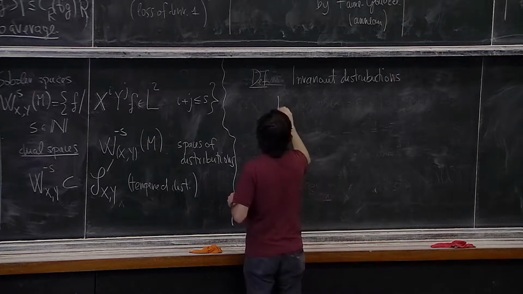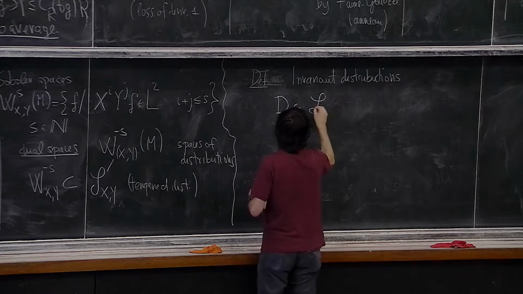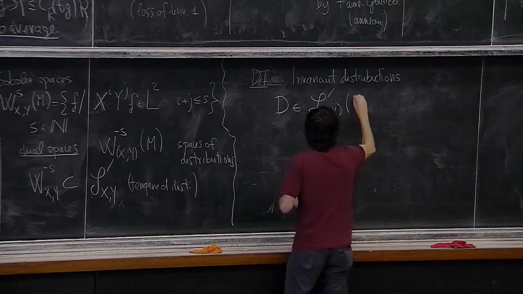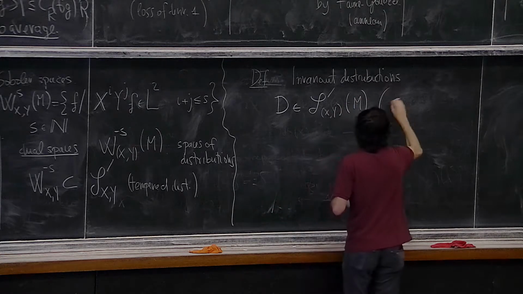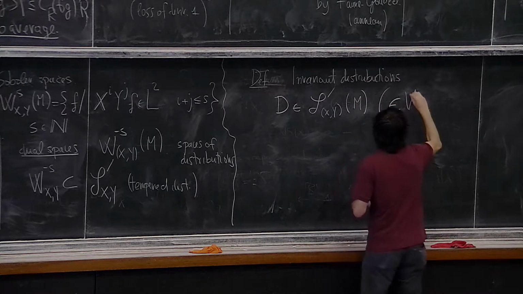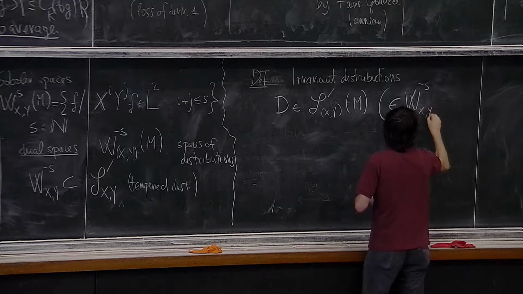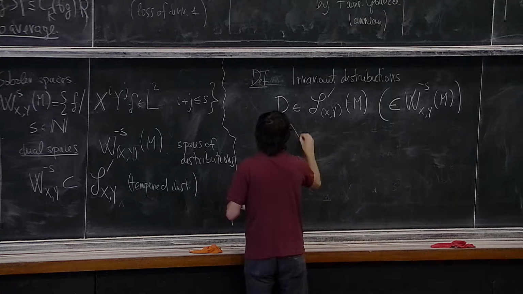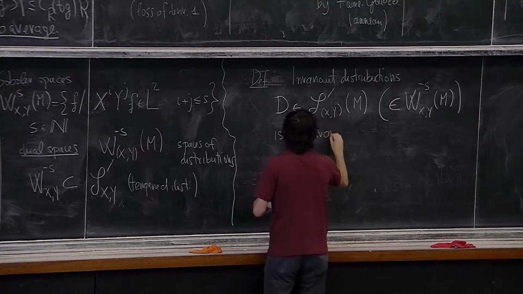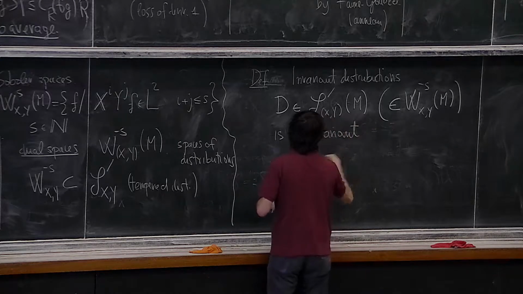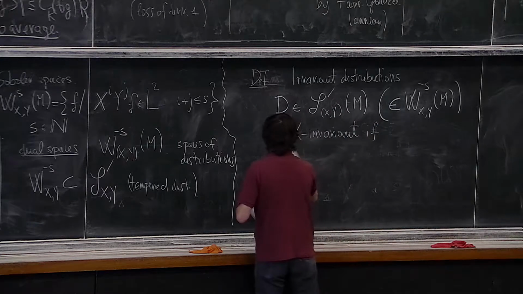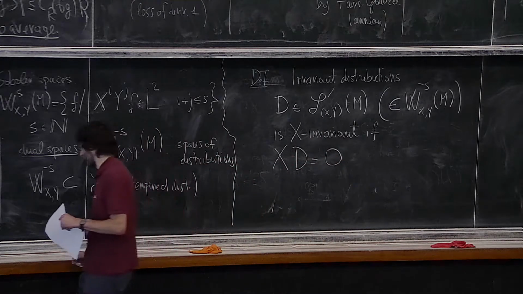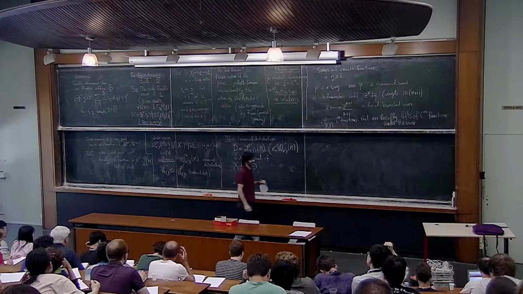So an element D which belongs to the dual of this S, and of course it could belong to W^{-s}, is called X-invariant if XD is equal to 0. Now, if you're not familiar with working with distributions, so what is it?